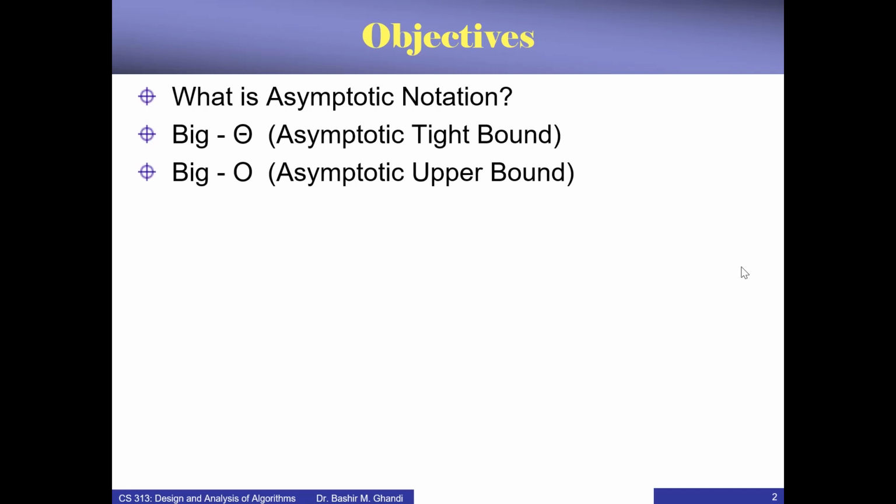Then we look at big O. Big O usually gives you the asymptotic upper bound, whereas theta gives you a tighter bound, so it's called tight bound.